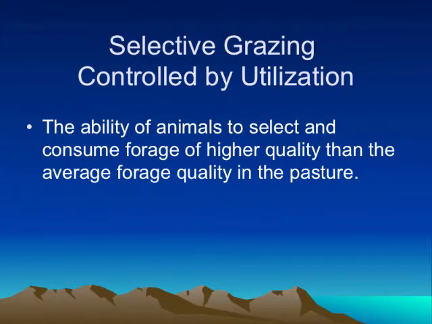Selective grazing. Selective grazing is the ability of an animal to select and consume forage of a higher quality than the average quality in the pasture. And I'm going to use just quality here. For a dry beef cow on a real lush pasture, what is the dry beef cow going to look for in terms of quality?